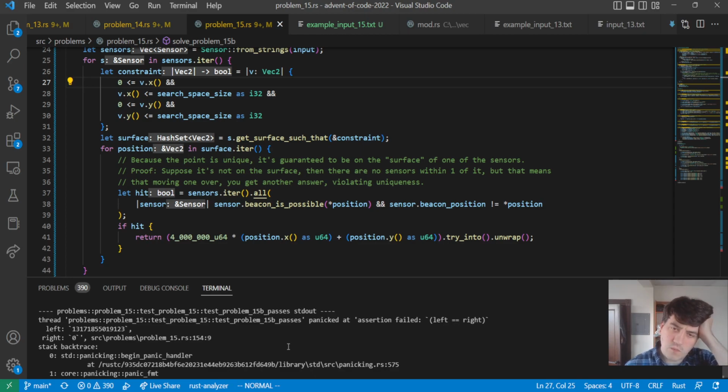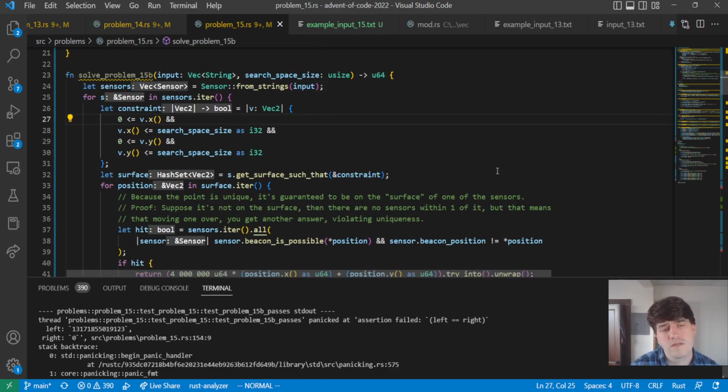So, one thing that we could do is union all of the surfaces together. Like we get a bunch of hash sets. They're going to have some overlap.